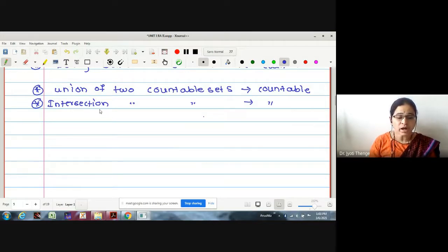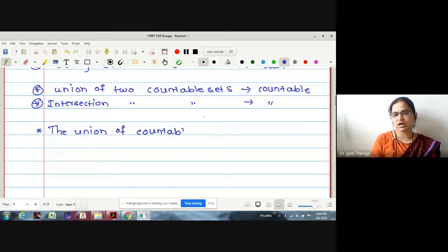Intersection of two countable. Now let me go for an arbitrary union and arbitrary intersection. What is arbitrary union? Or one can say countable collection of countable sets. Countable collection means what? Arbitrary, infinite.